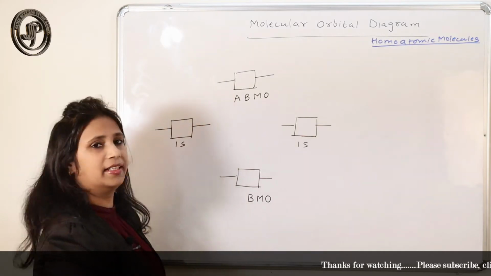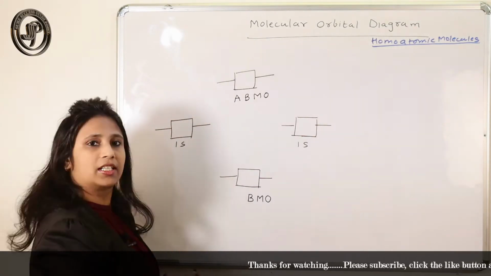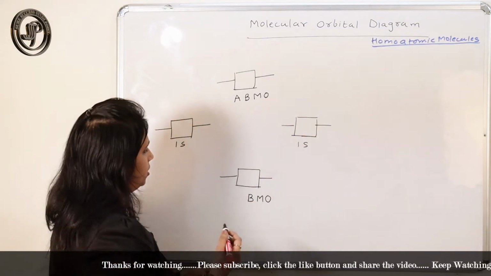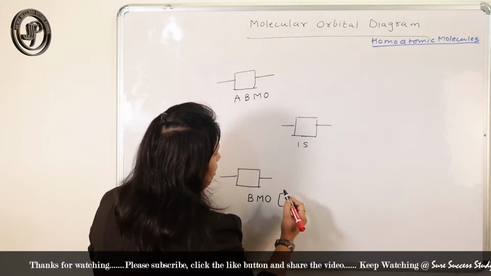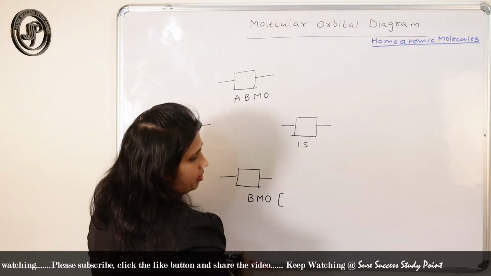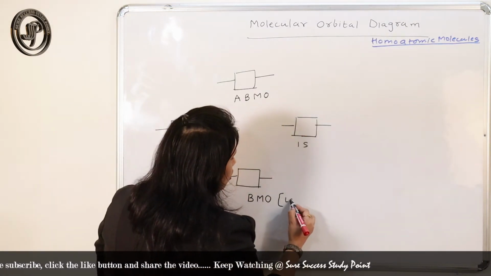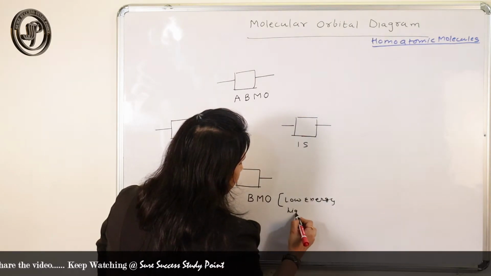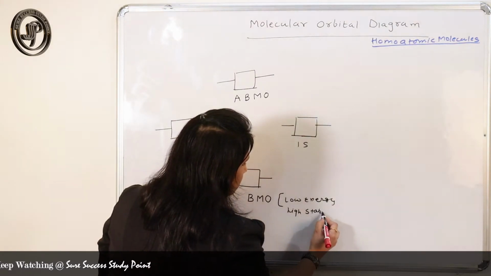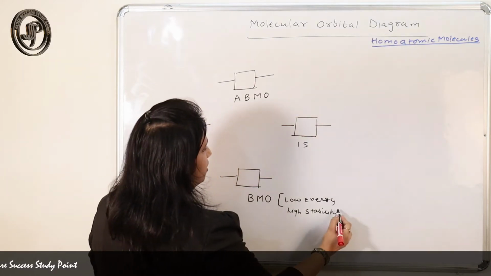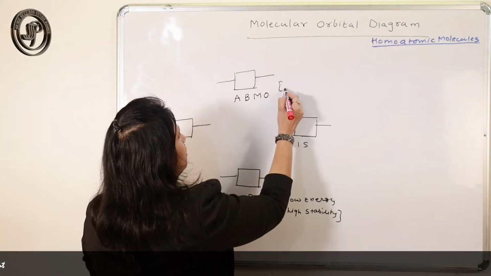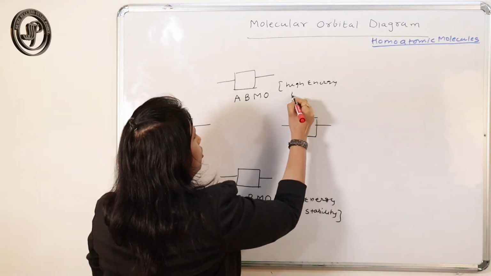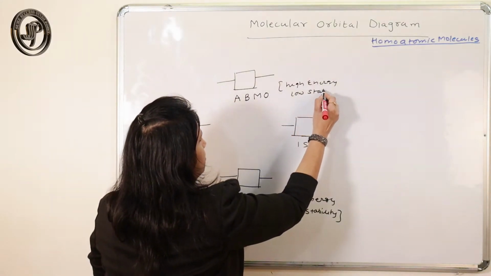It has high energy and less stability. So we can give two characteristics of the bonding orbital: low energy and high stability, and the anti-bonding has high energy and low stability.